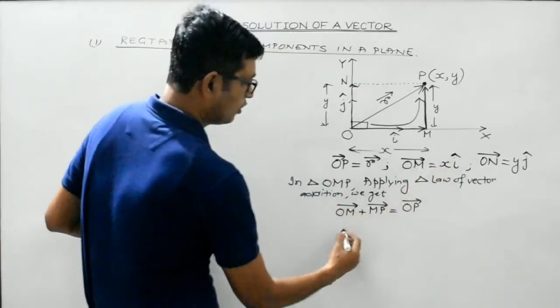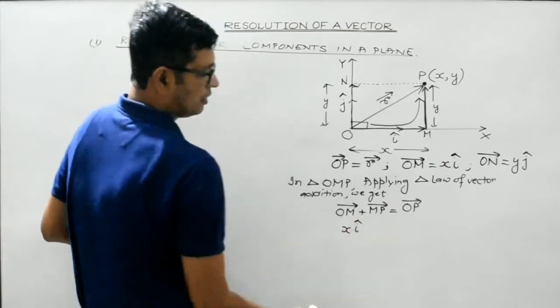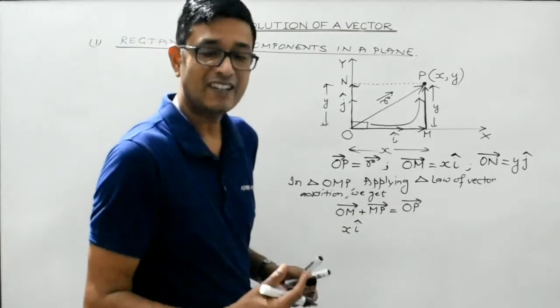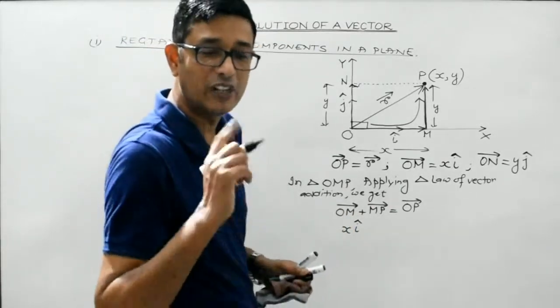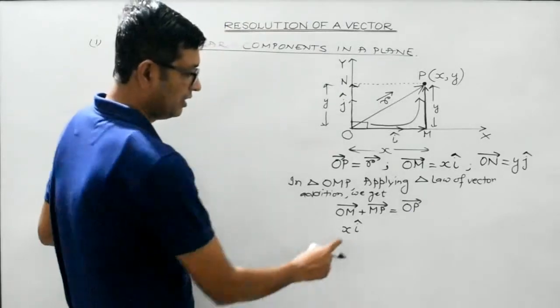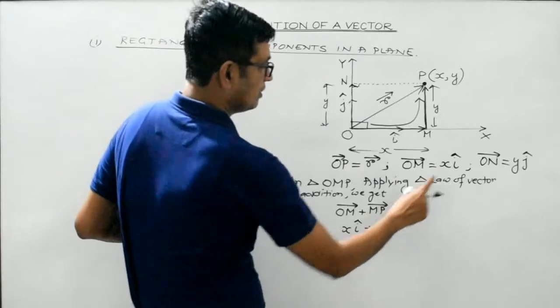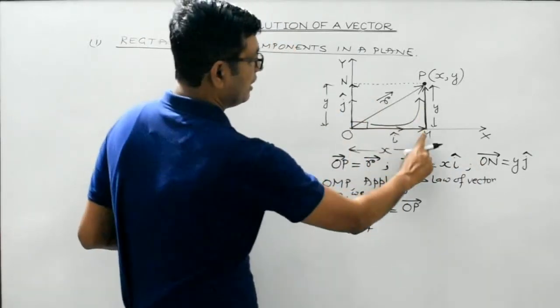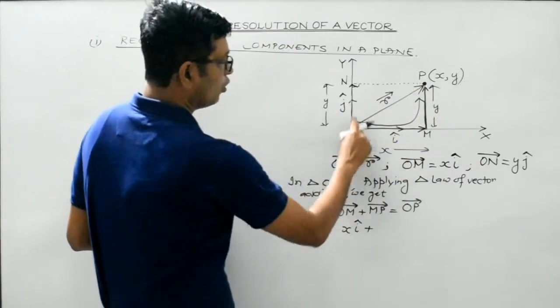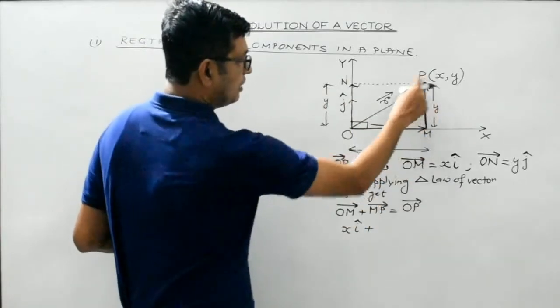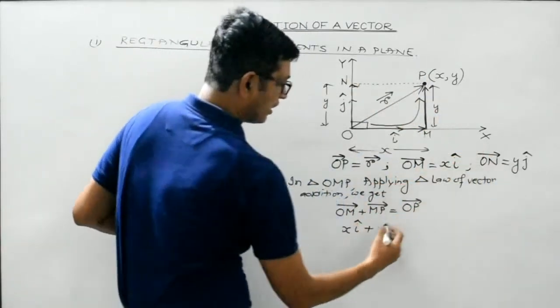OM is equal to x i cap. Cap, this is cap, caret or hat, that represents a unit vector having magnitude of unity. It only represents the direction of this given vector. Plus NP. Now look, this is NP. NP is equal to ON, which is equal to y j cap.